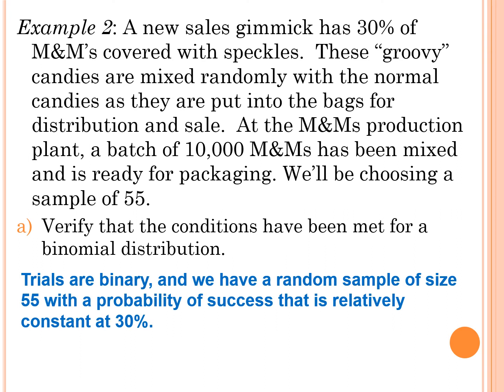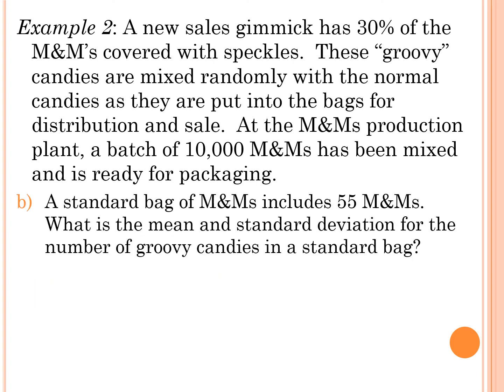We have a random sample of size 55 and a probability of success that's relatively constant. In other words, the changes that we're seeing in terms of their independence and that probability of success are so negligible that we can ignore them. Typically, we can make that decision to ignore those differences as long as our sample size is less than 10% of the whole population.